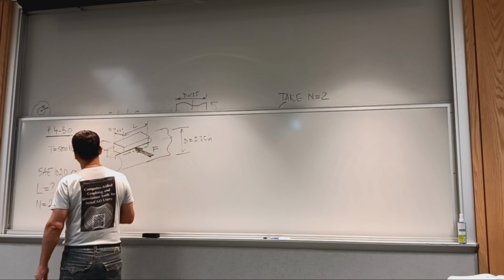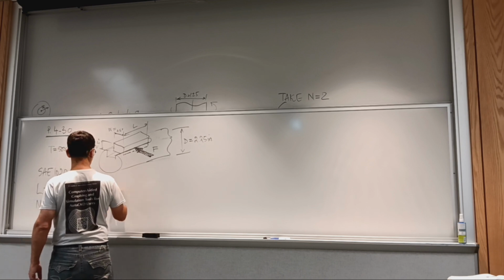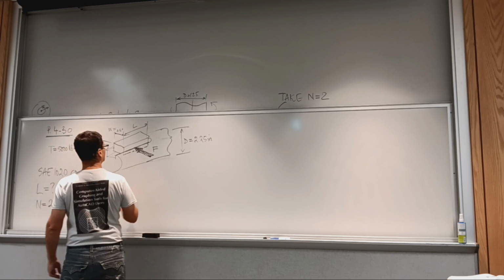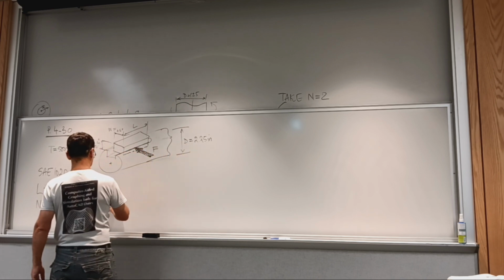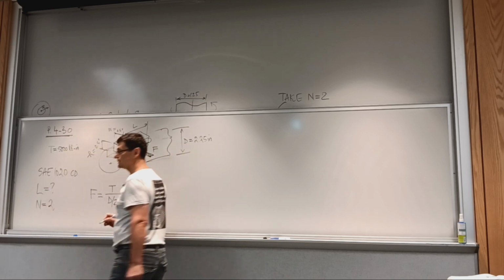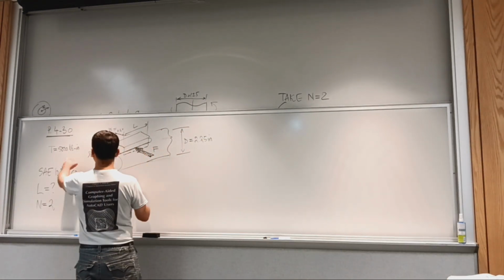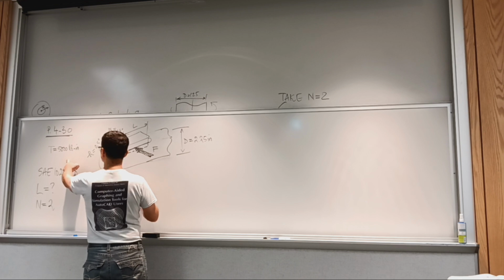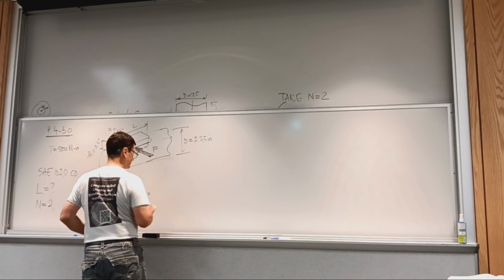How do we calculate it? F is the torque divided by the radius, the arm, which is half of the diameter. That's the shear causing force. So again, 5,000 divided by half of 2.25.